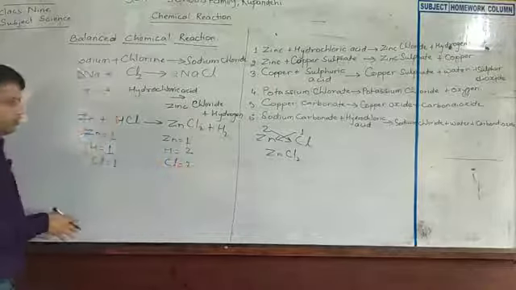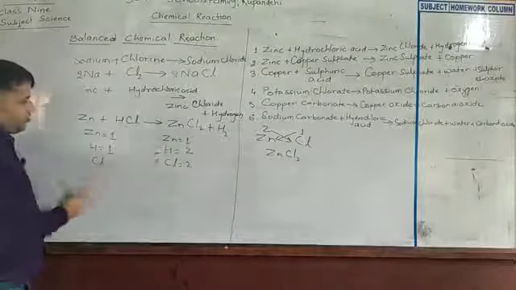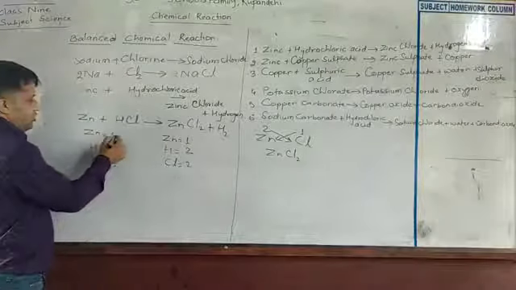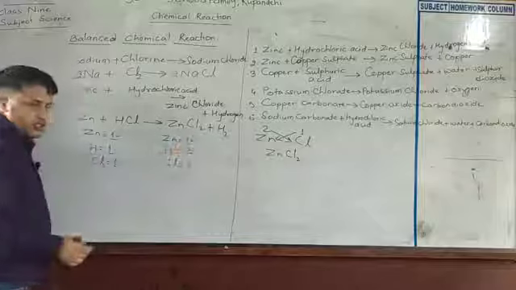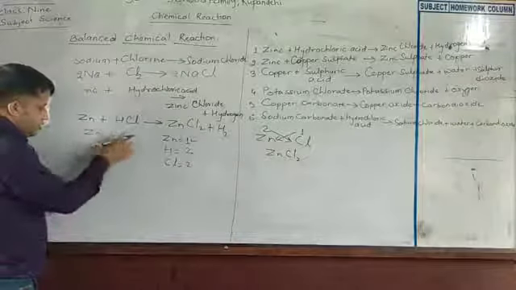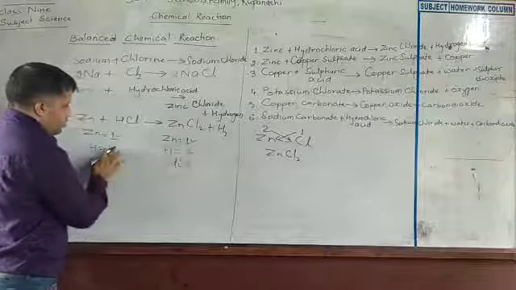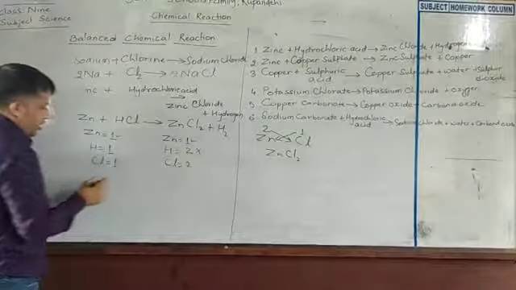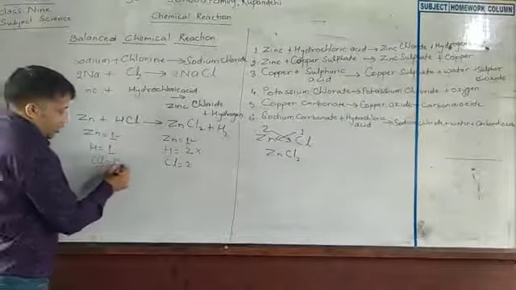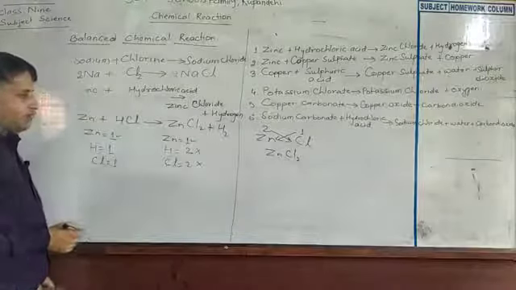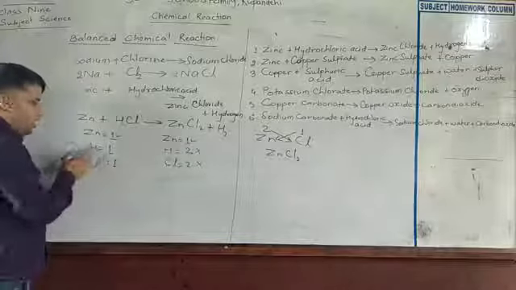So we have counted the number of atoms on the reactant side and product side. Now let's see whether it is balanced or not. Zinc 1, here it is balanced. So the metal zinc is balanced. Then hydrogen is 1 here, it is 2 there, so that is not balanced. And chlorine here 1 and there 2, it is not balanced. So we have to balance the chlorine and hydrogen.